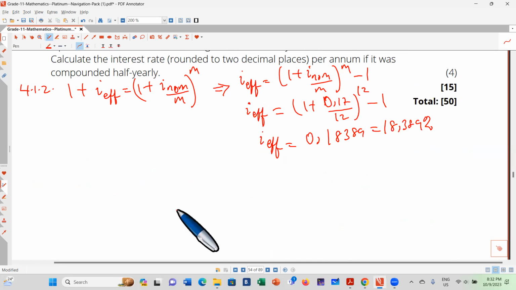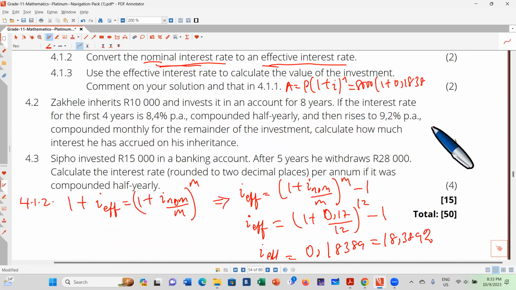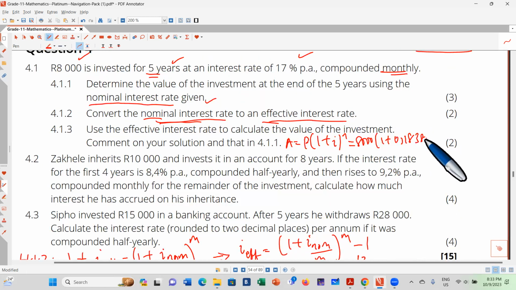So this one now is A equals P into 1 plus I to the power n, which is the same as 8,000 into 1 plus, what is I? It is 0.18389.